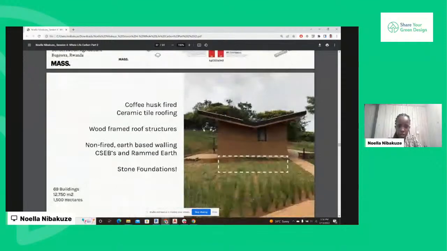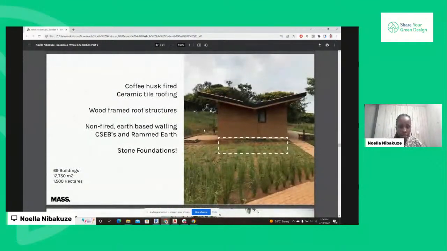So this is a typical section at RICA for all the 69 buildings we did, resulting in 12,000 square meters. So we used coffee husk fired ceramic tile roofing, wood-framed roof structure, non-fired earth-based walling, that's CSTBs and rammed earth, and also stone foundations.